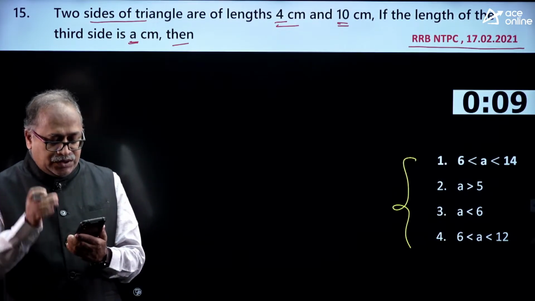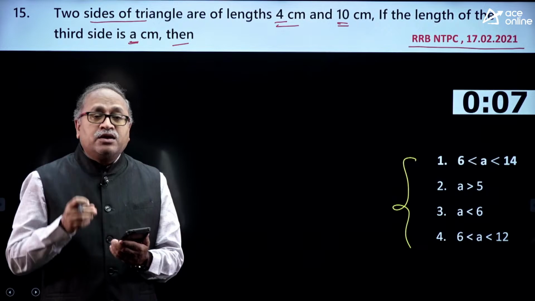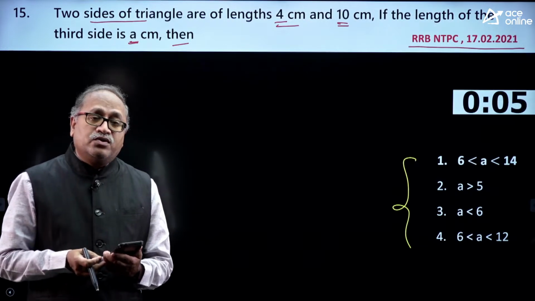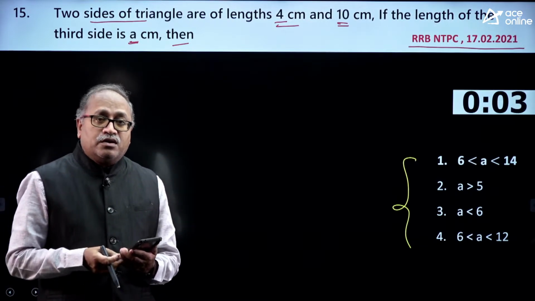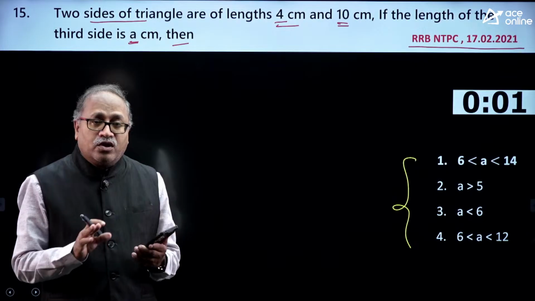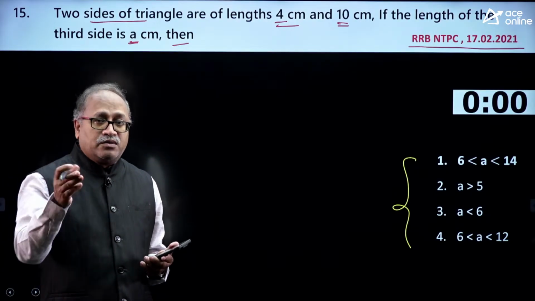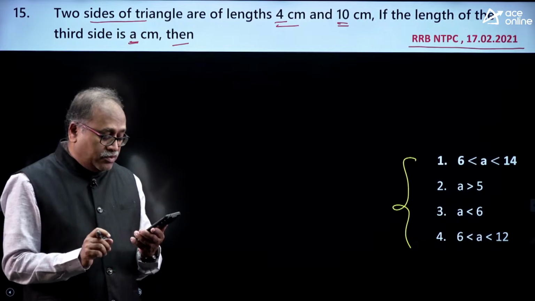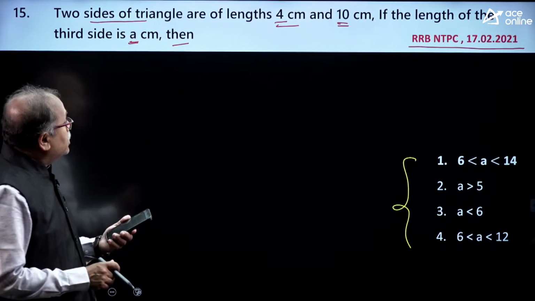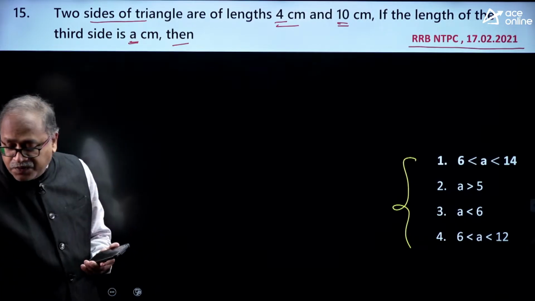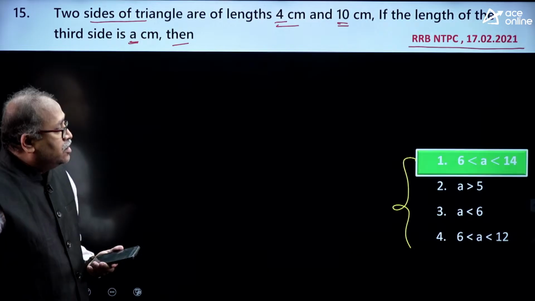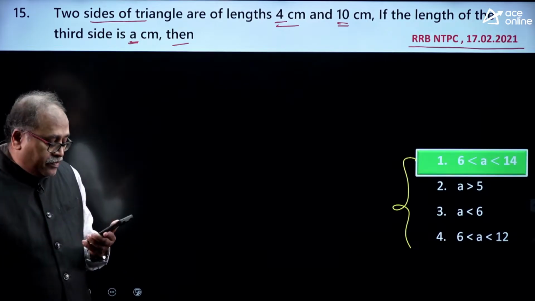Try to answer the question. You can't run away from mensuration. Anywhere 3 to 4 or 2 to 4 questions come in the exam, whether SSC or RRB. In coming days, you are writing the RRB examination and you said option A. Let me check that option A is correct.